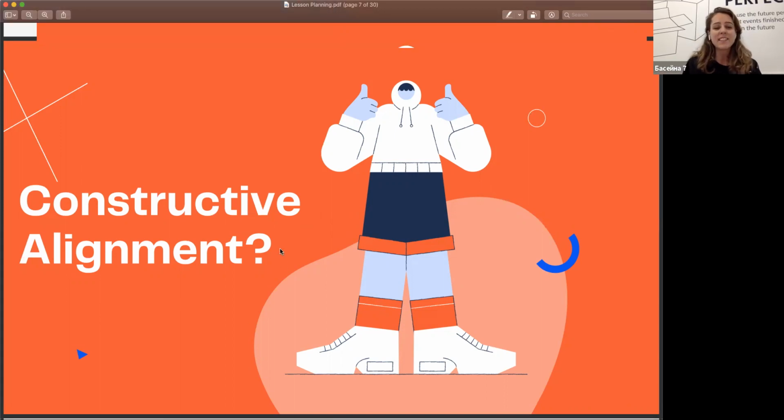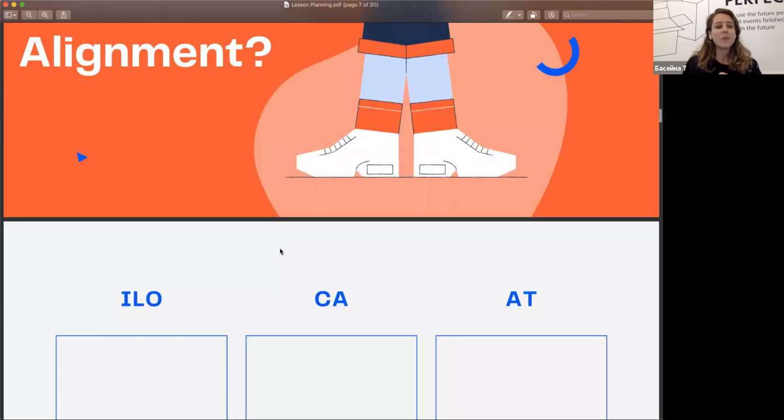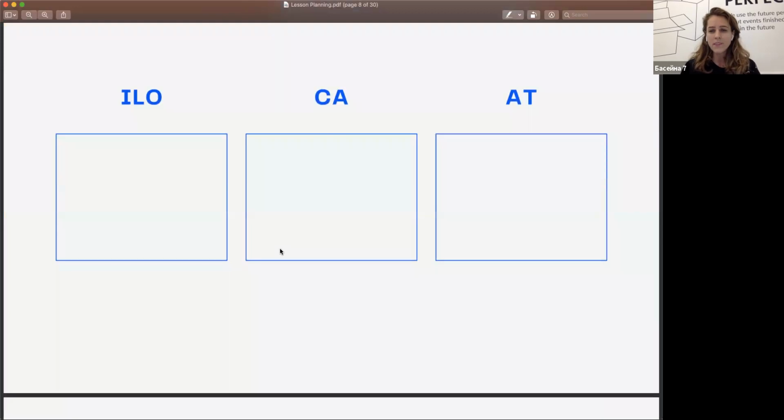So let's have a look at the stages. The stages are the following. We have ILO, CA, and AT. One of them we already know, which is ILO. As far as you remember, that is our intended learning outcomes. So let's have a look at what CA and AT stand for.